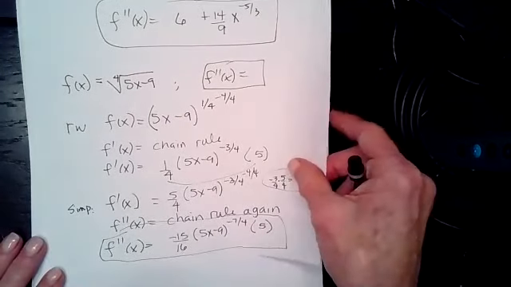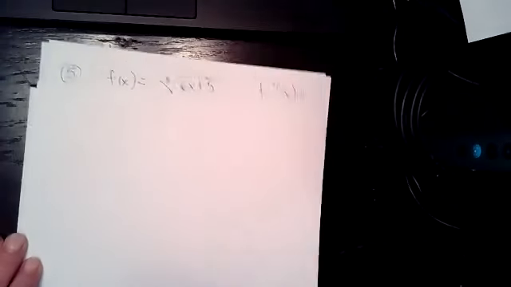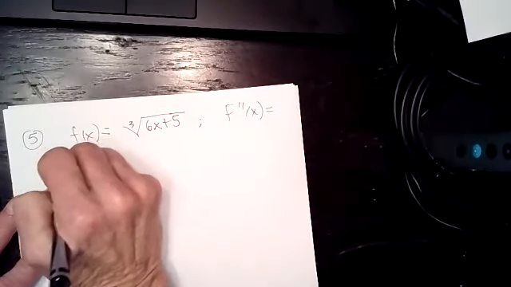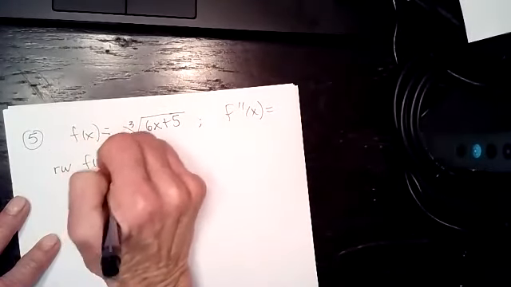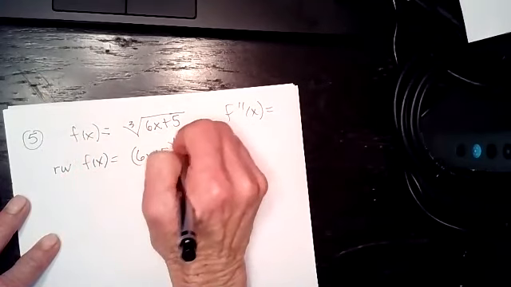Because that one was a little complicated, they gave you another one just like it. Ta-da! Let's rewrite f of x: 6x plus 5 to the 1/3 power.